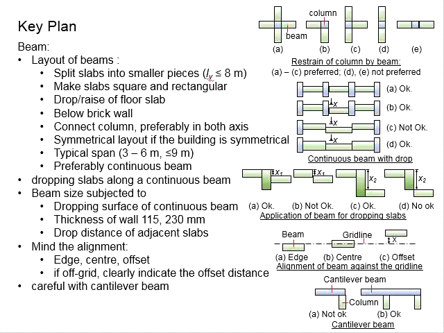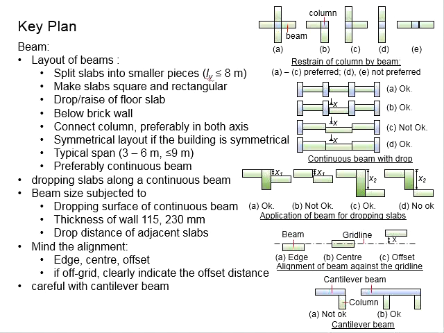Next, you will need to make the slab square or rectangular. This is for easy analysis of the slab, unless it is inevitable, where another shape of slab can be applied. Normally when it is not square or rectangular, the analysis of the slab will be more heavily dependent on the modeling software.